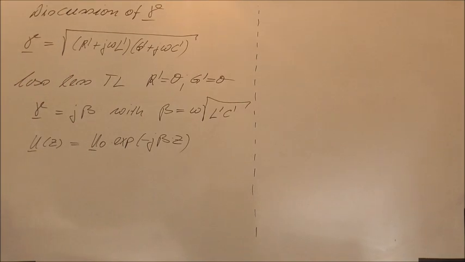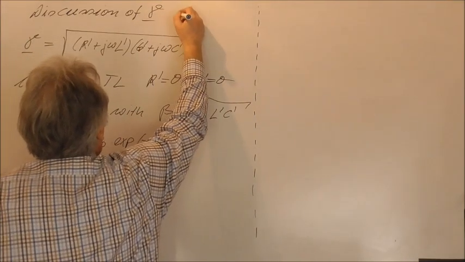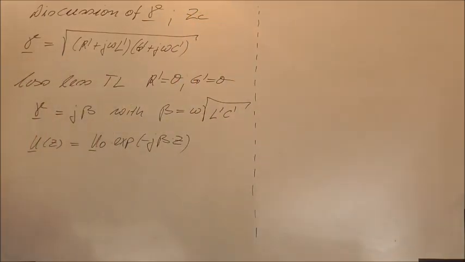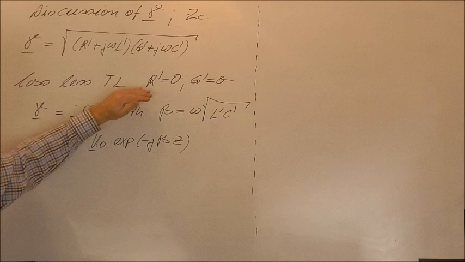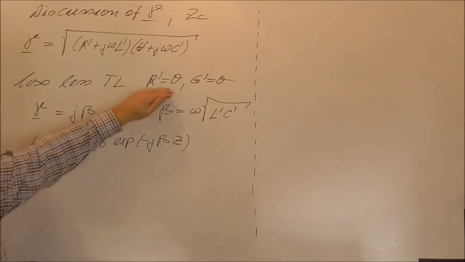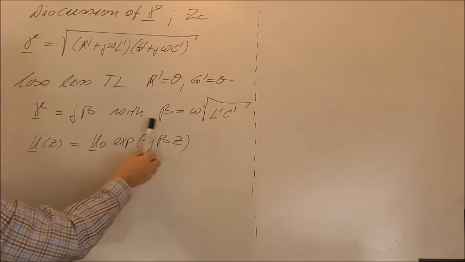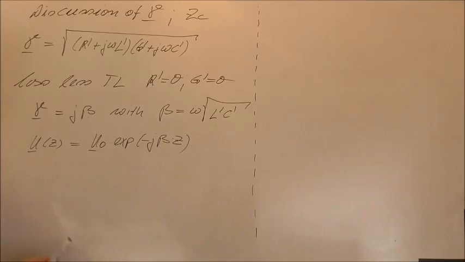In a further step, we also want to include in the discussion Z_C here. Of course, up to now we discussed gamma, and for the special case of a lossless transmission line, a lossless transmission line is described by R' equal to 0 and G' equal to 0, and then gamma becomes purely imaginary, where we have to choose beta to be equal to omega times the square root of L' C'.